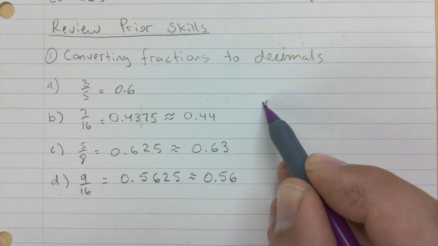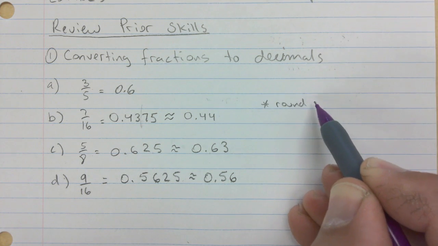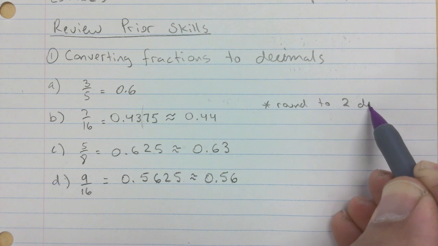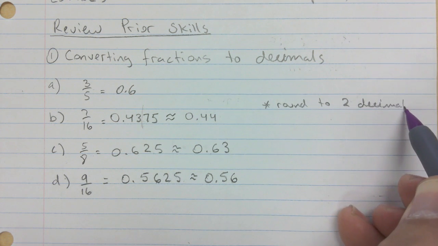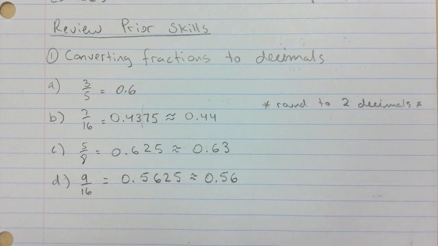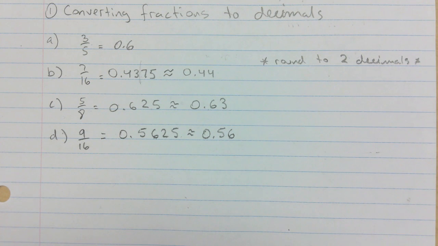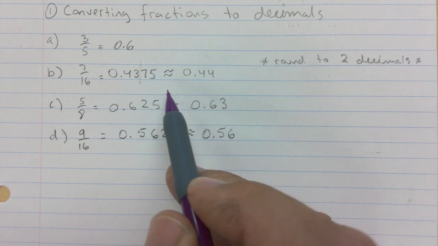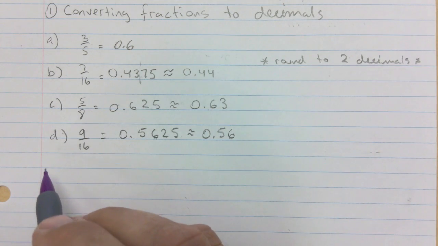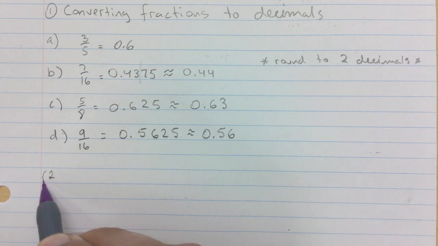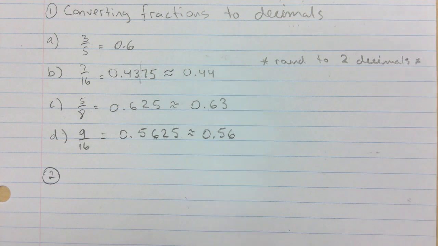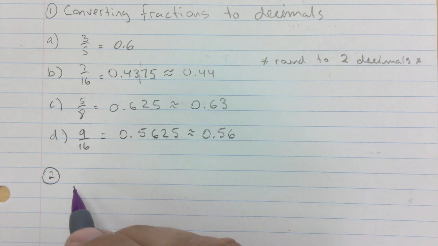So we'll make a note here: round to 2 decimals, or to the nearest 100, right? So again, if it has a finite number, I would like you to use all of it. But if I ask you to round to 2 decimals or it keeps on going forever, then you round, okay?